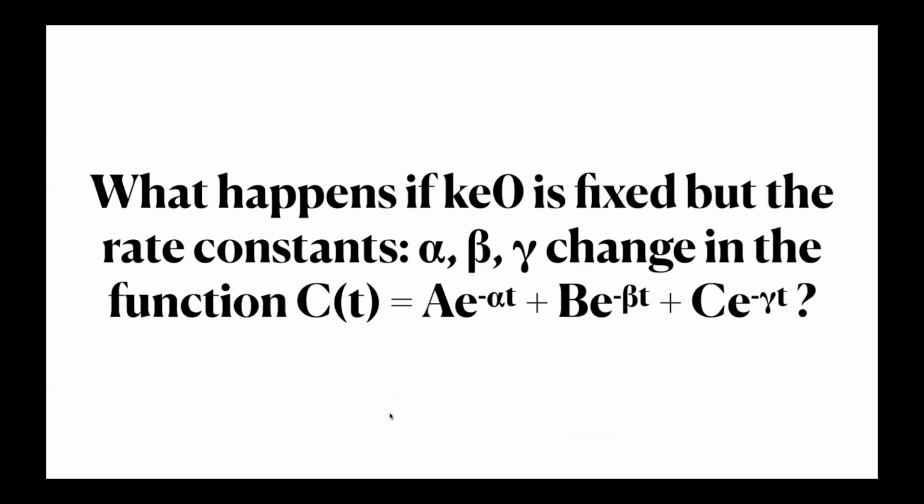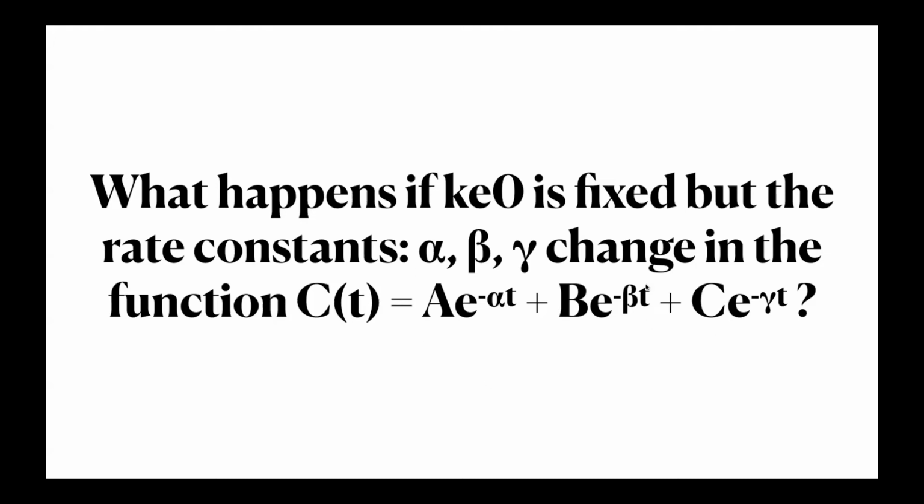But what happens if KO is fixed, but the rate constants, alpha, beta, and gamma, change in this poly-exponential function?